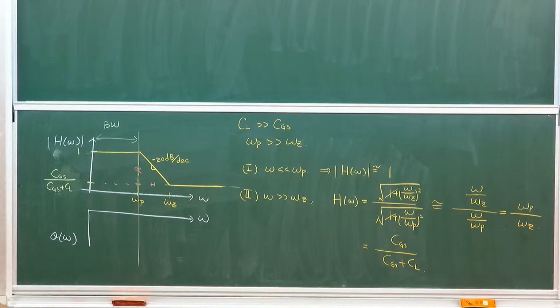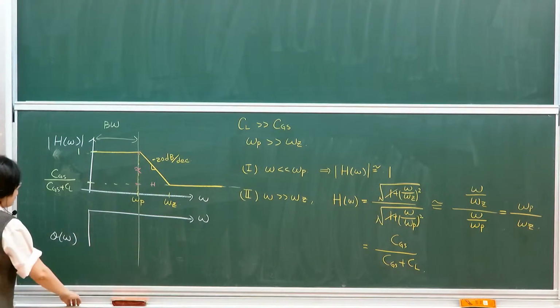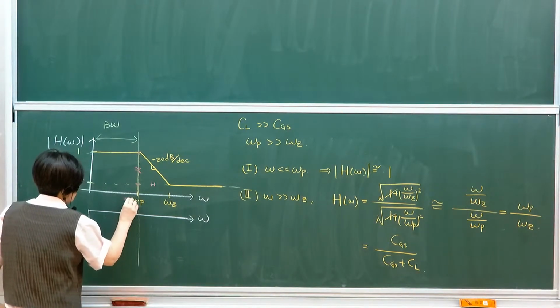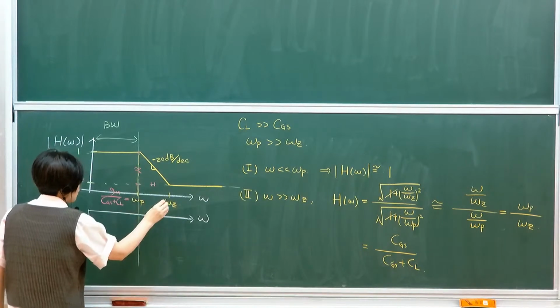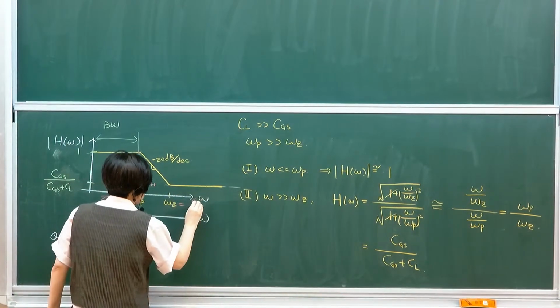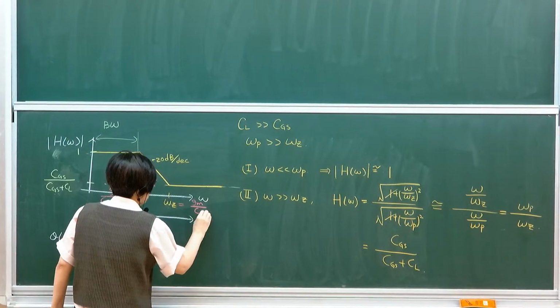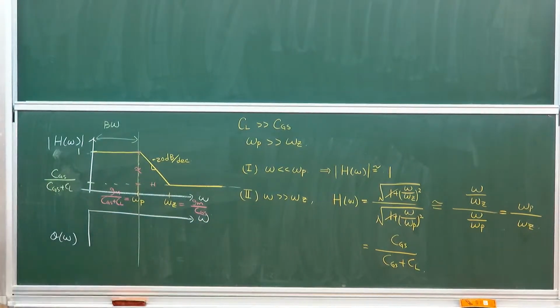Okay? So let me highlight. This is GM, as I said, over CGS plus C load. This equals GM over CGS. Okay?